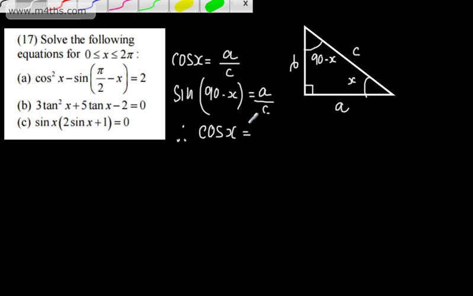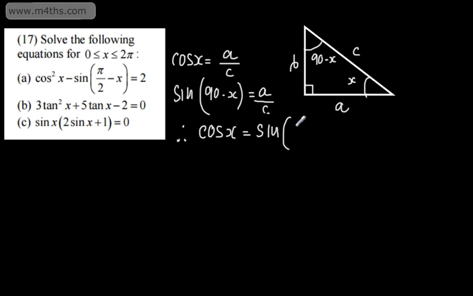We could say that sine x is going to be cos of 90 minus x. Again, if we did sine x here, that would be B over C, opposite over hypotenuse. Cosine of 90 minus x is the adjacent over hypotenuse, which is B over C.